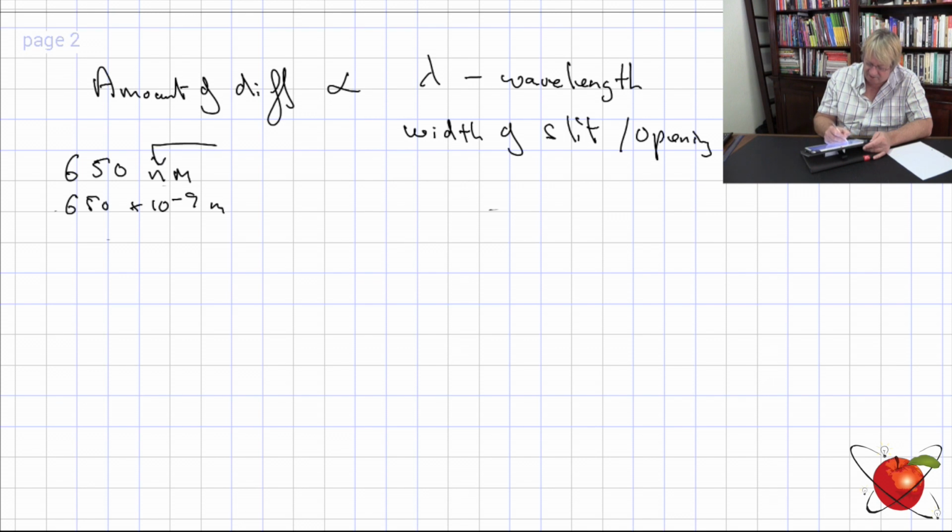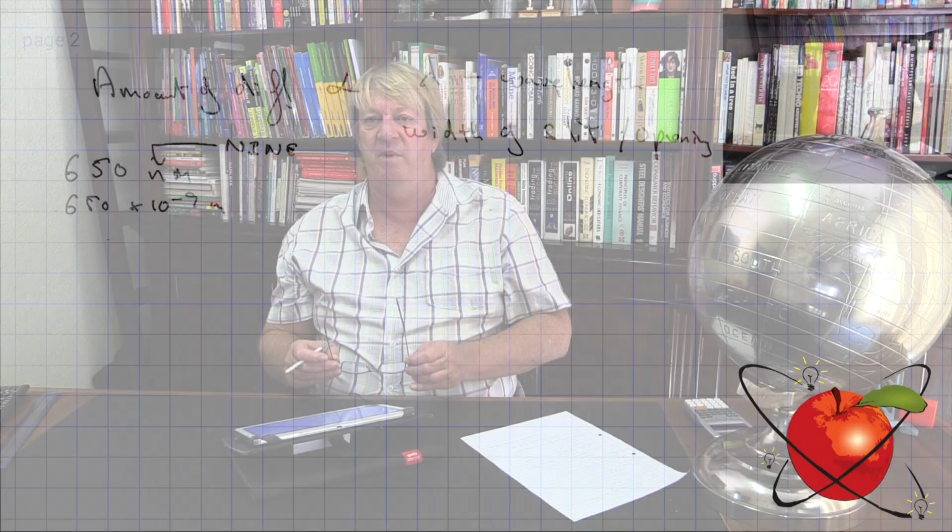Nano, 9. It's just one way of remembering it. That's pretty small to make an opening that size. However, in molecular terms, we can find that.